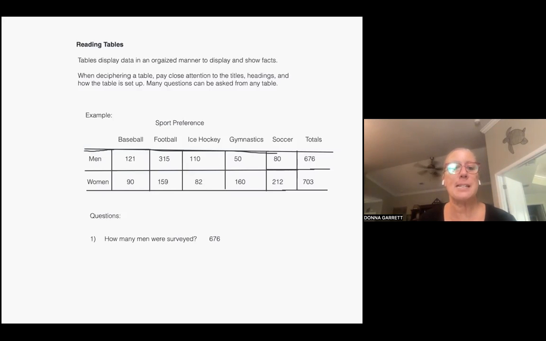There were 676 men surveyed for this table. All right, 2.